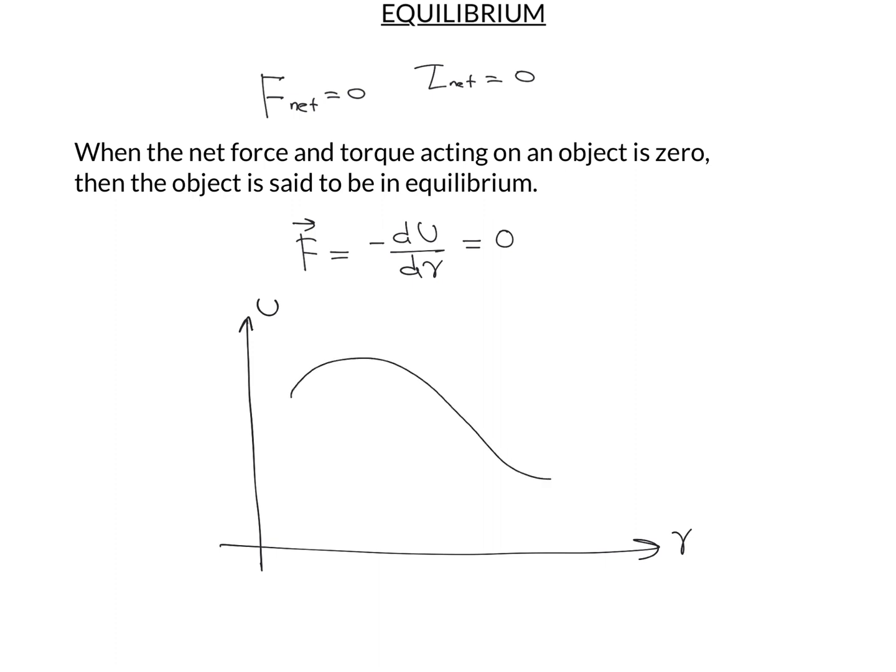If the graph has a shape like this, then at this point the slope of the graph is 0, and over here also the slope is equal to 0. So at these points du by dr is equal to 0, and we can say that at these points, let's say point A and point B, the particle is in equilibrium.